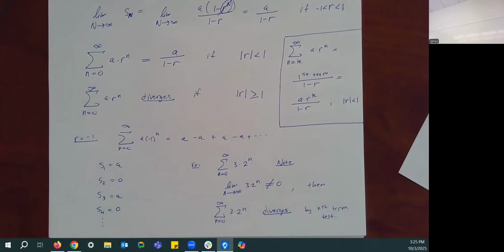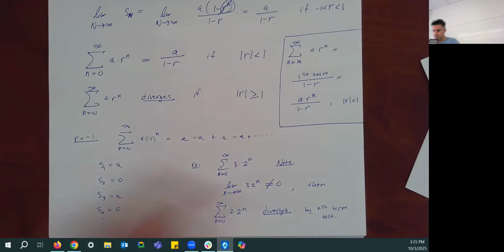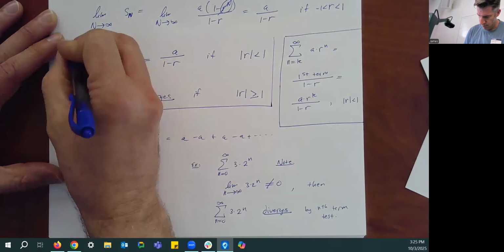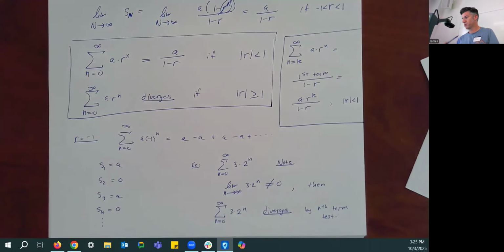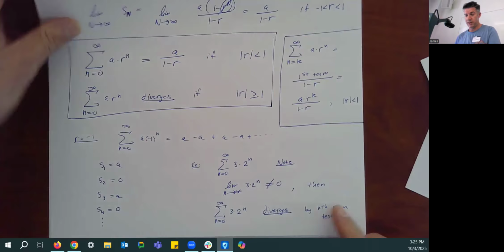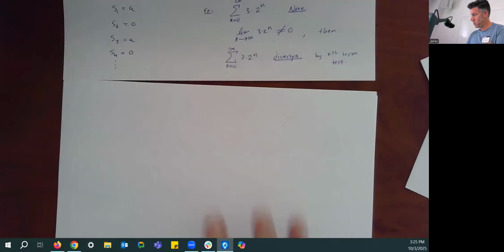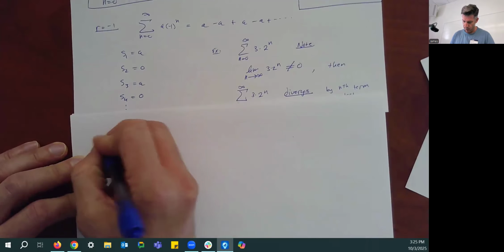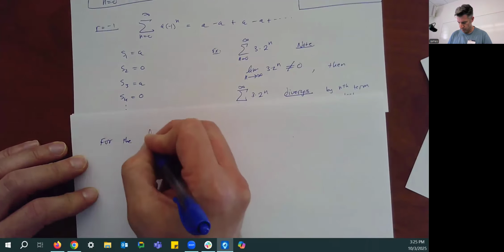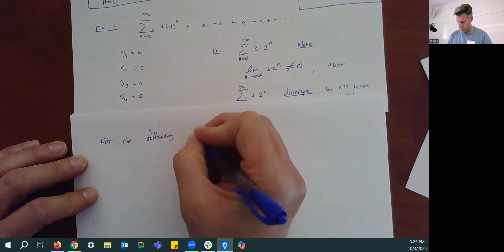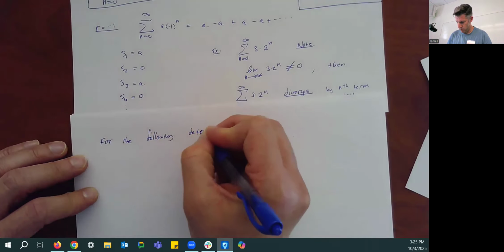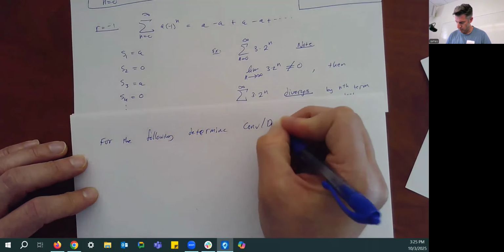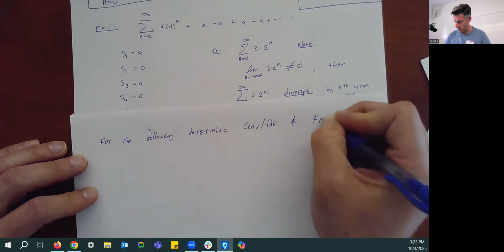Now let's see, what else do I have in here? Right. So for example, we could be asked, for the following, determine convergence or divergence and find the value if it converges.